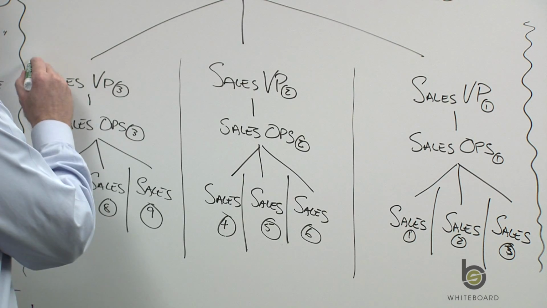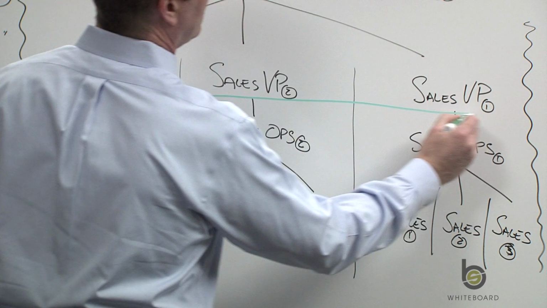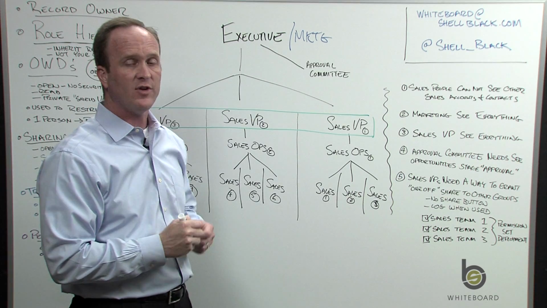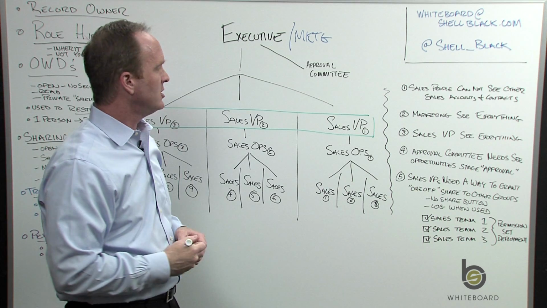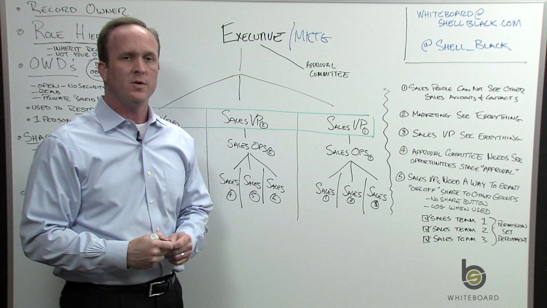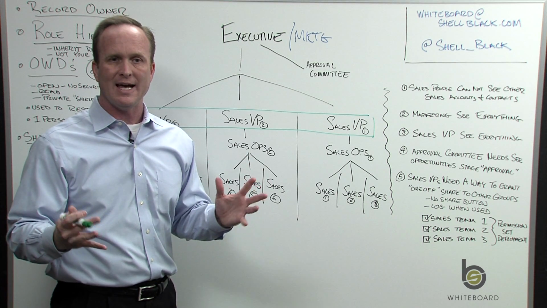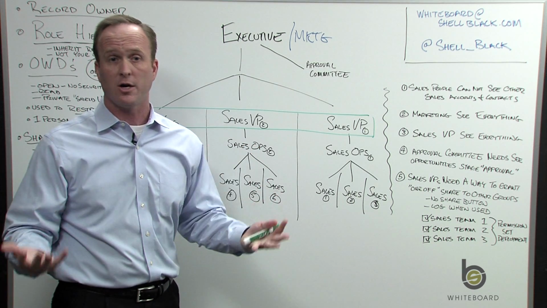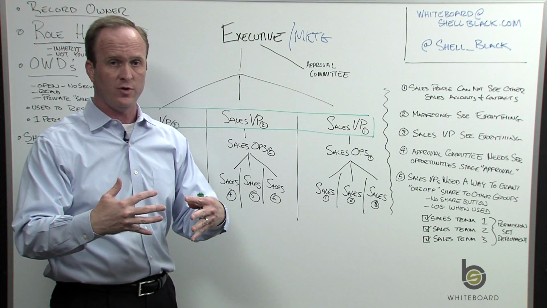So the first group we're going to create is a group that has the sales VPs as members. So we could call it the group of sales VPs. Then we're going to create a group that has everybody in the entire company. So you could call the group entire company if you want. You put all the users in this group.